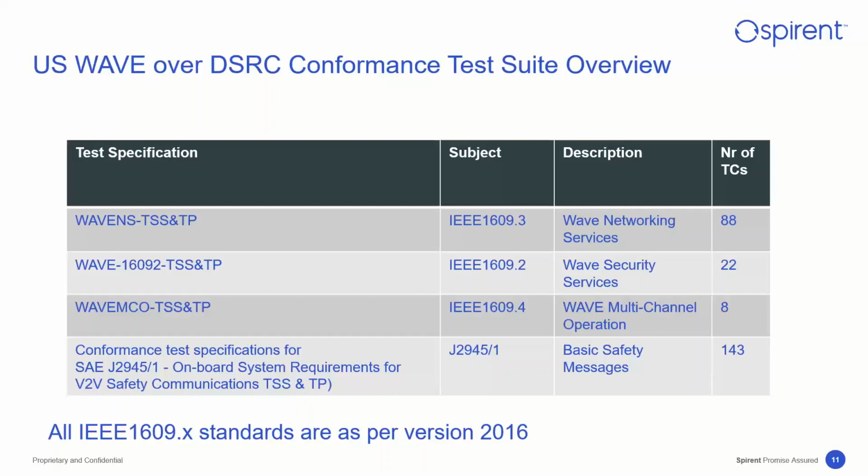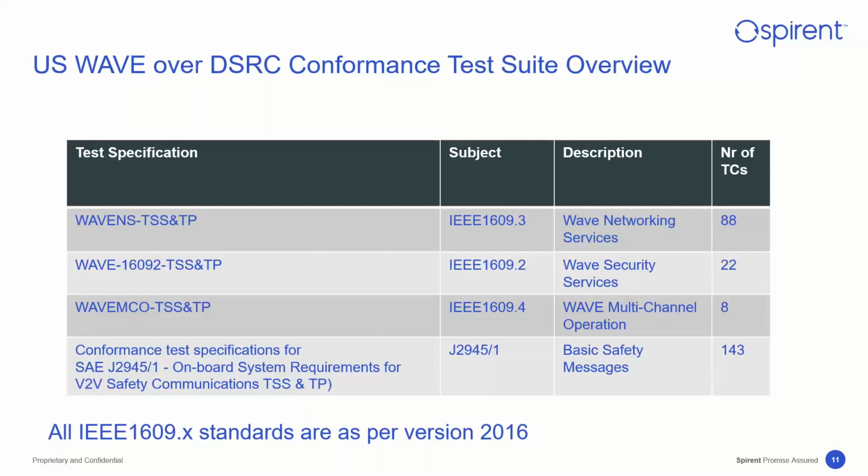A more detailed look into the test cases. This is just for reference. It's approximately some 250 test cases that are supported there across the different protocol layers for DSRC.